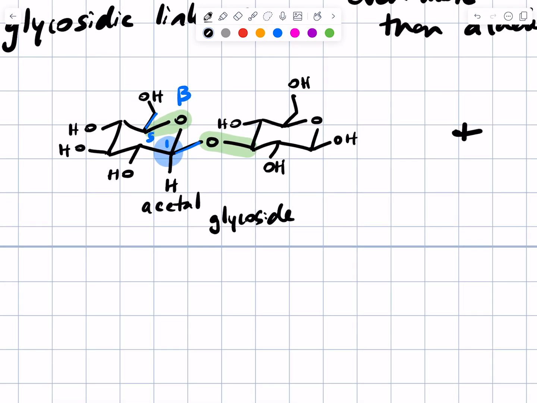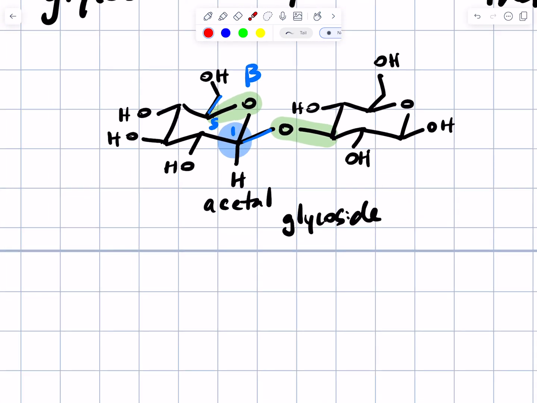We have to have a specific way of talking about glycosidic linkages that tells us which anomeric carbon, or formerly hemiacetal carbon, is connected to which OH group from the other carbohydrate. And that will tell us whether the hemiacetal carbon, the blue carbon, is in the alpha or the beta configuration.